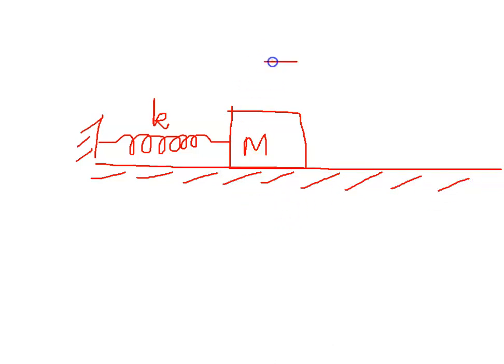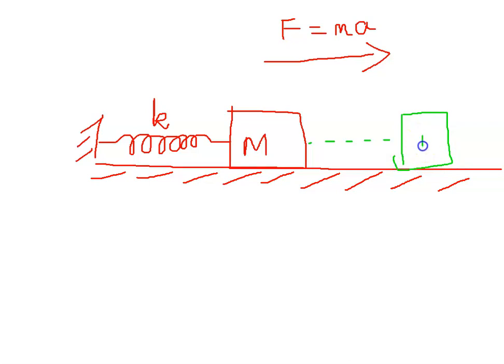I am going to apply the force F. What is the force here? Mass into acceleration. When I apply the force, the object is displaced from its equilibrium position and reaches a new point, the maximum displacement, x is equal to x naught.